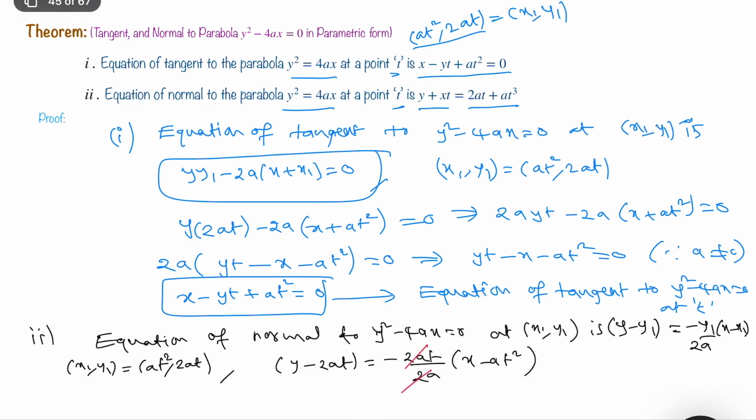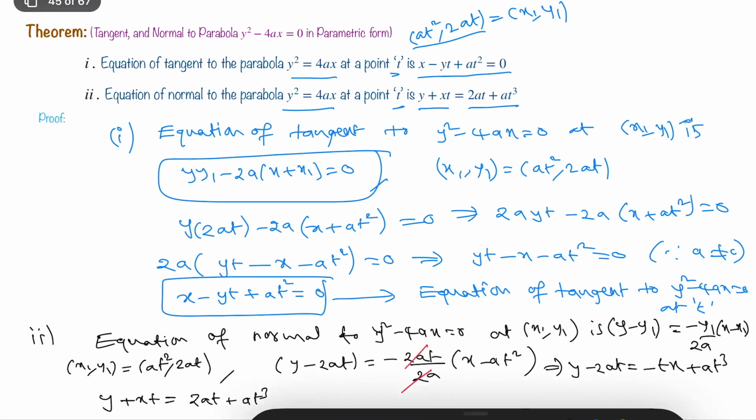This 2a cancels. Now we have y minus 2at equal to minus tx plus at cube. We can rewrite this equation as y plus xt equal to 2at plus at cube.